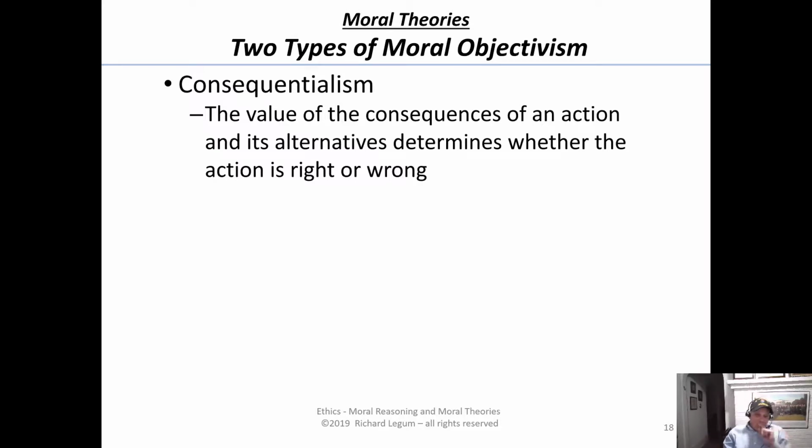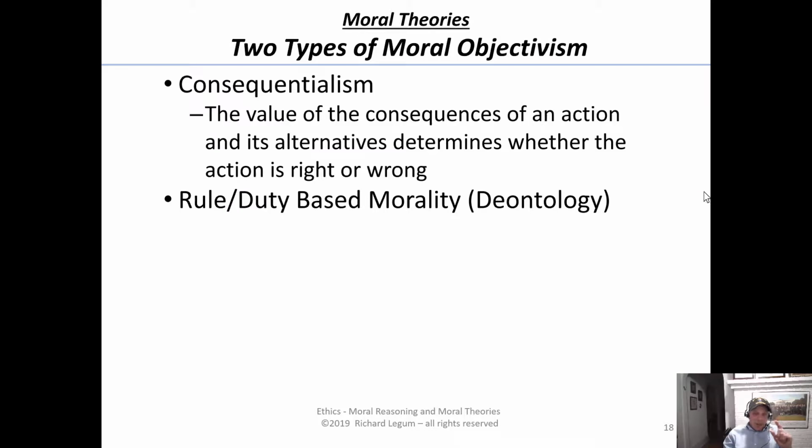I'm going to delve into that a little bit more deeply, but I just want you to get the distinction between consequentialism and the alternative, which is sometimes called rule-based morality or duty-based morality. We have a fancy term in philosophy called a deontological theory or deontology.